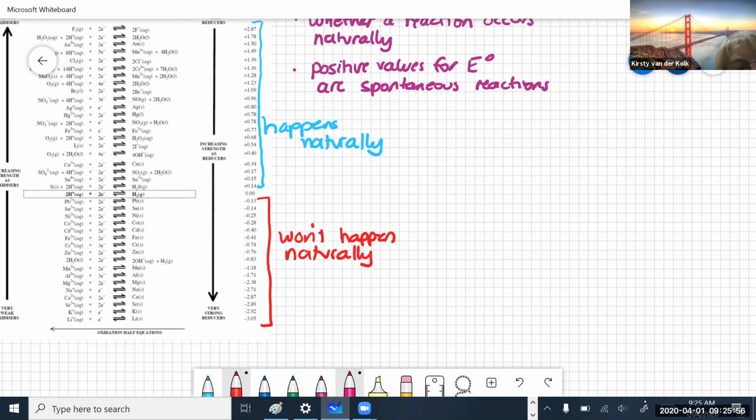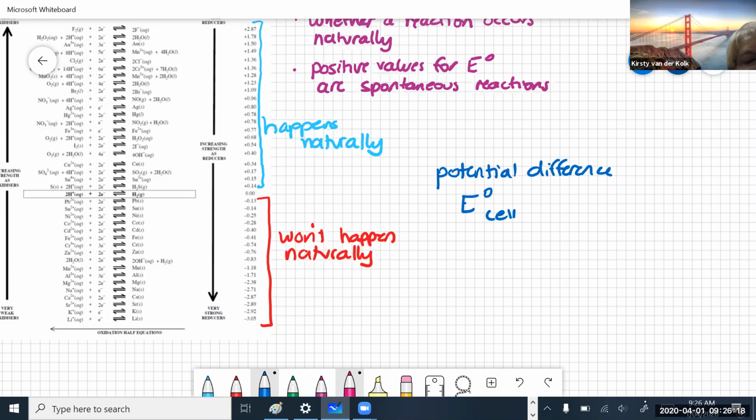And so when we're talking about potential difference, which is what drives the electron flow, what we've also called this for an electrochemical series is E0 cell.